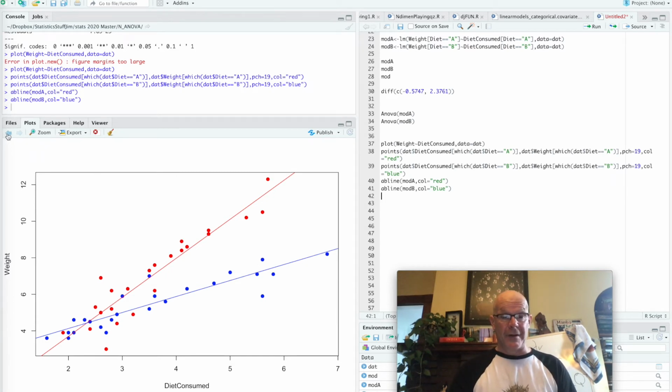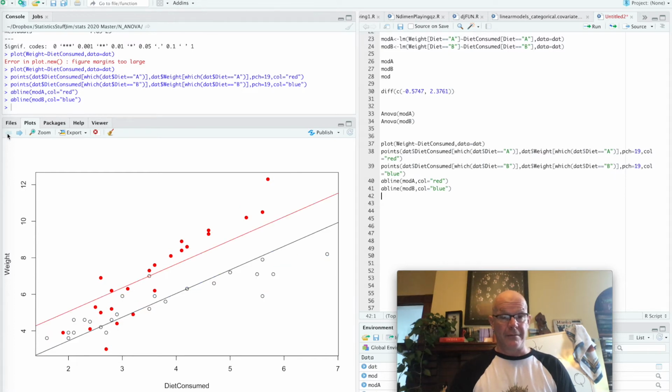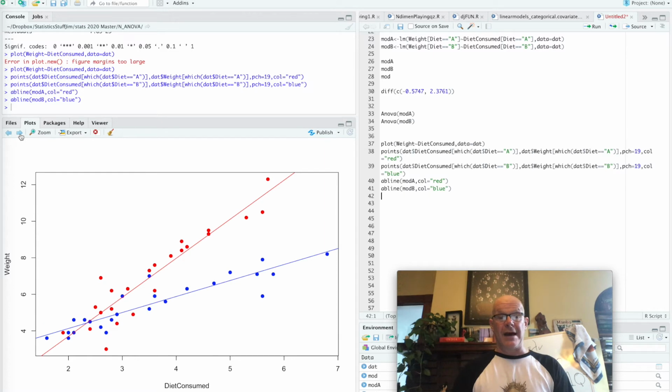And if we remind ourselves, when we did it as an additive model, it looked like that, right? But there we were modeling it as having identical slopes, whereas now we are allowing the slopes to differ between diet A and diet B. And so visually, that's a really nice way to show it.